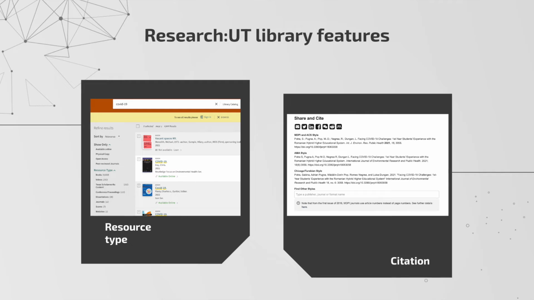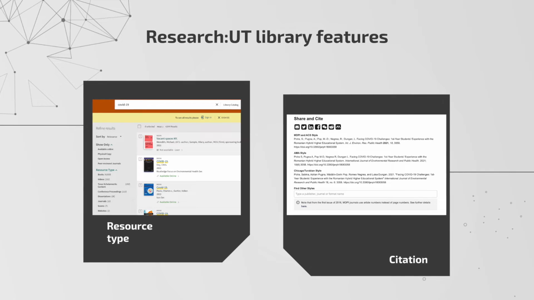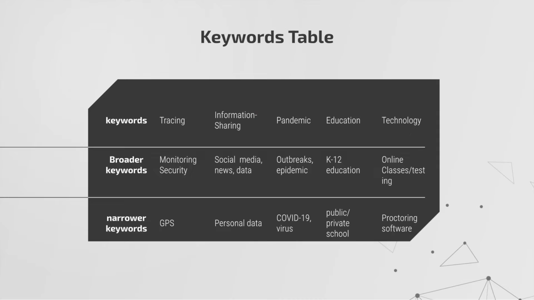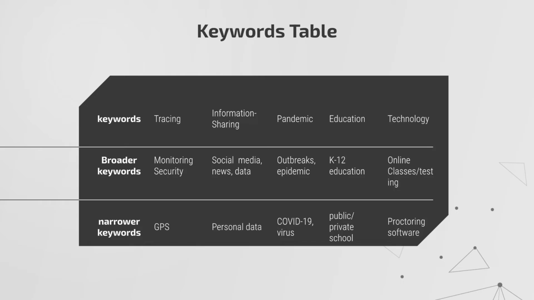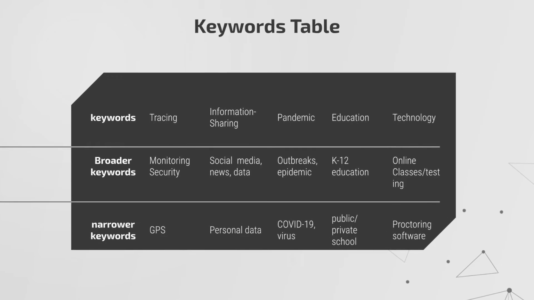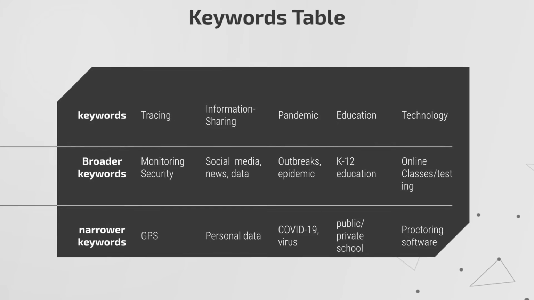It contains both APA and MLA, which are the 2 major university level citations that we need. So these are my keywords table, and putting 2 of them together will form a search string that I use to key in the UT library and the databases.